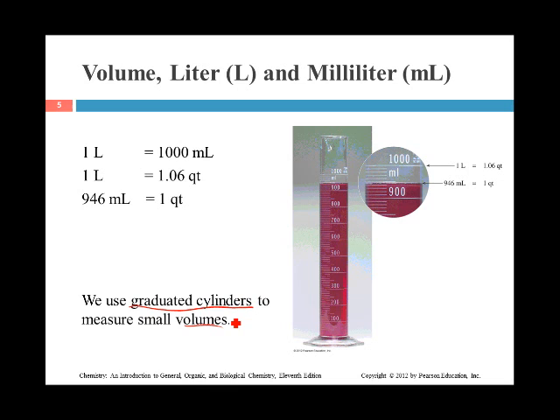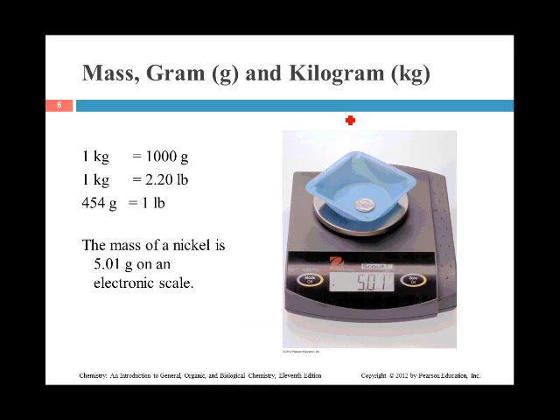If you're measuring volume, you specifically want to use the graduated cylinder. And same with the scale. If you're measuring something in grams, you want to use the scale. You do not want to use it for measuring volume. You don't want to put a beaker on top of it. You don't want to put a flask on top of it.